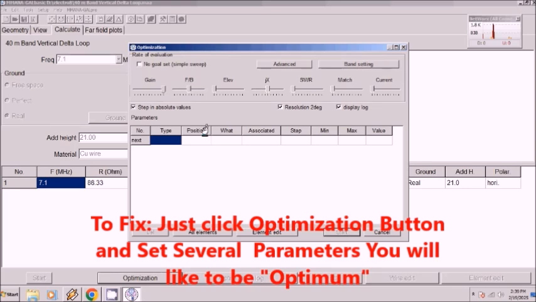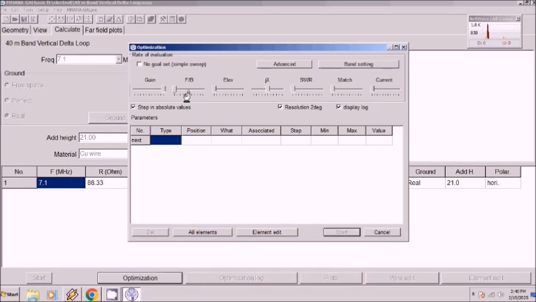For front to back ratio, because this is going to be omnidirectional antenna, just slide to the most left. For elevation angle, we are expecting lowest elevation angle, so we slide to the most right.